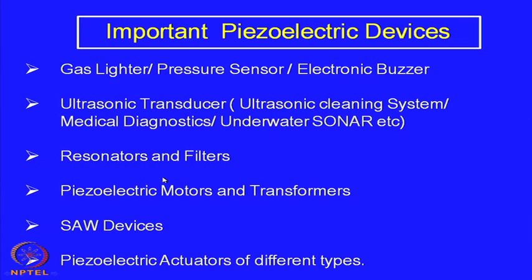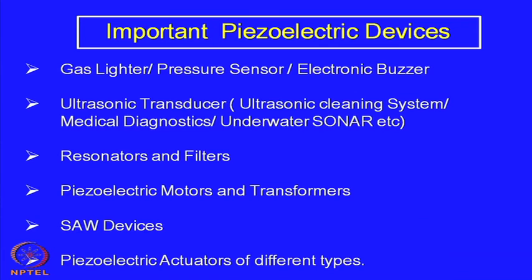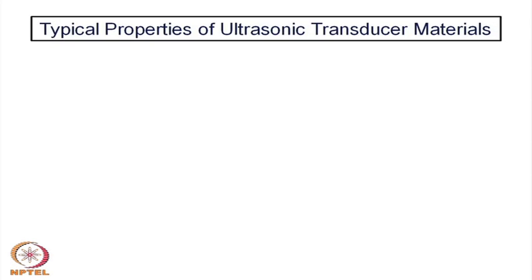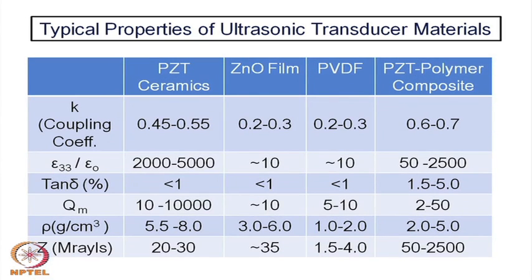Some of the properties which are listed here are important. One of them is Z, the acoustic impedance, just like electrical impedance, the equivalent of resistance.